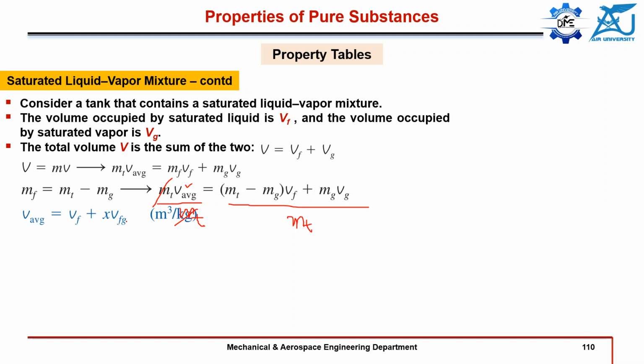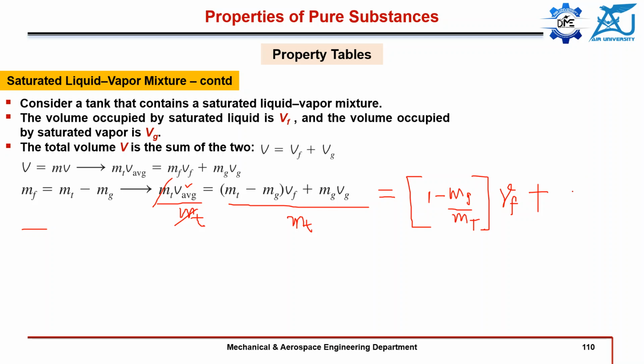We have got V average. What happened here? Here the mt was cancelled, minus mg over mt, so it was something like this. Let me write it. Here you are left with 1 minus mg over mt times small vf, plus here is also mg over mt times vf.